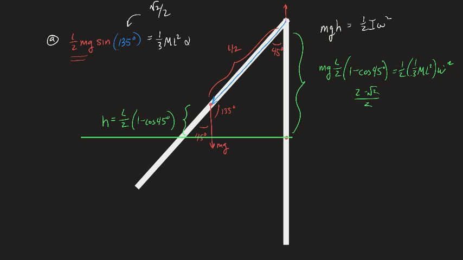Now, is there anything else about this problem you want me to speak to? I think I should speak to at least one thing. The last question asked for the tangential acceleration at the bottom. Now, it doesn't pick a place, does it? It just says, what is the tangential acceleration when the rod passes the vertical.